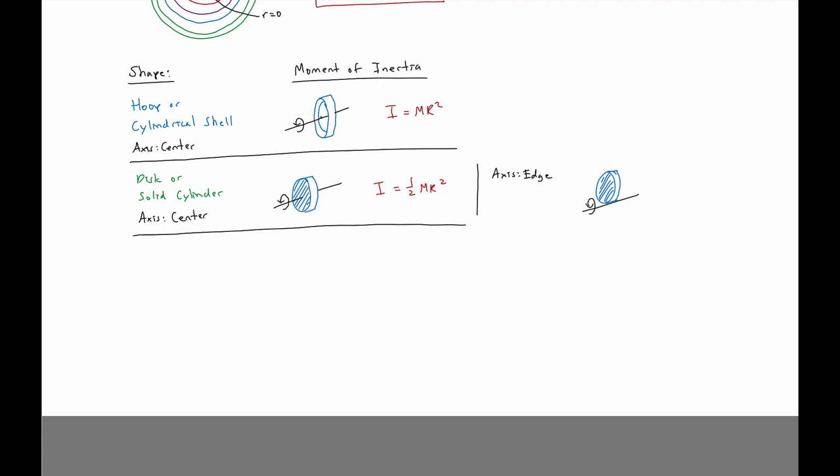So just changing the axis of rotation will change your equation for the moment of inertia as well. So I is equal to 3/2 mr squared in this case. And that's just an example of how changing one small thing can affect the moment of inertia.